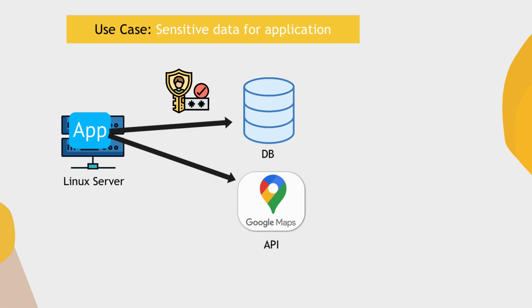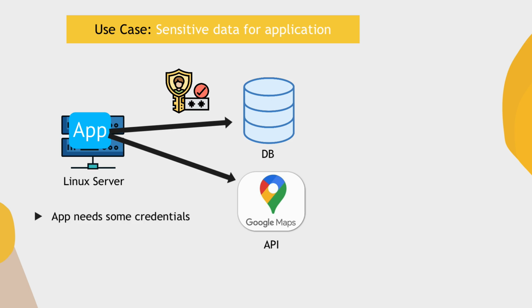So the application that I created that I want to run on the server will need username and password to access the database. Or it will need some kind of a secret token to connect to the Google Maps API so that the service knows this is that application that it can trust, right?